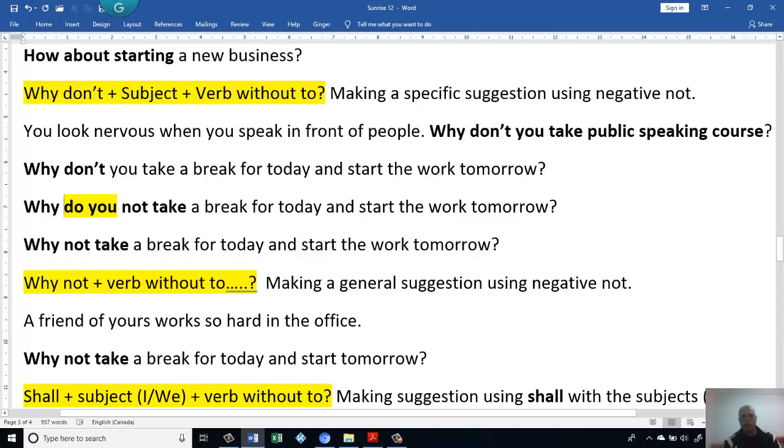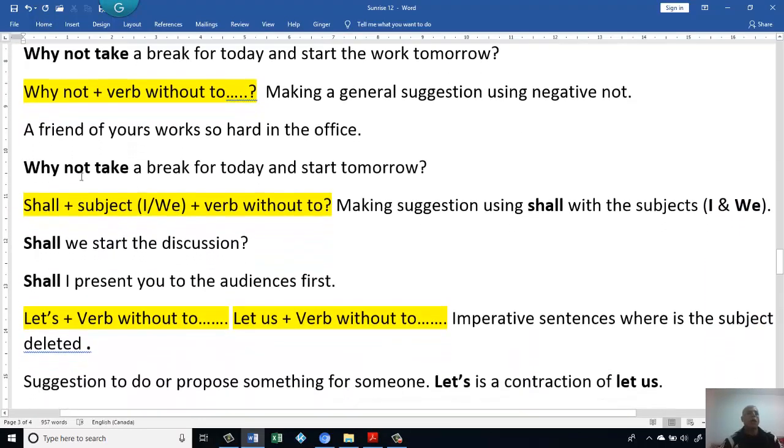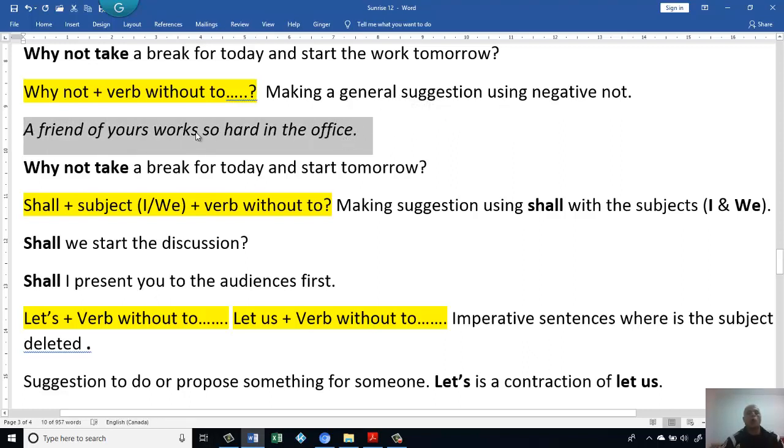Let's go to the next sentences or next situation. Why not plus verb without to, then continue like the complement of the sentence and the question mark. When we make a general suggestion using negative not, for example, a friend of yours works so hard in the office, then sometimes we give him a suggestion.